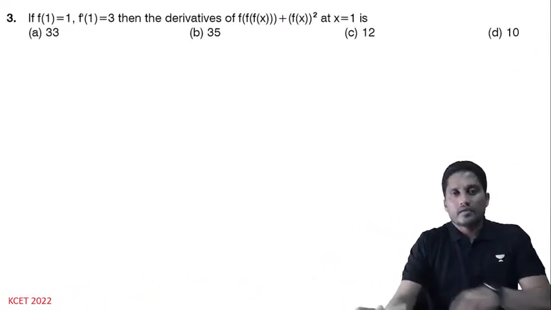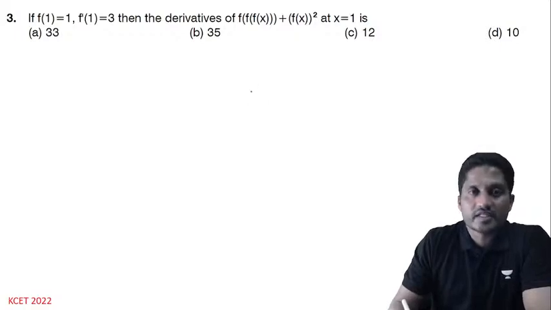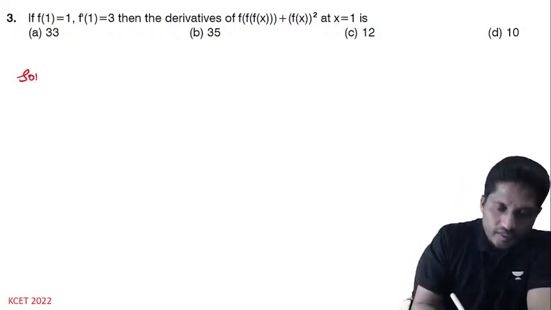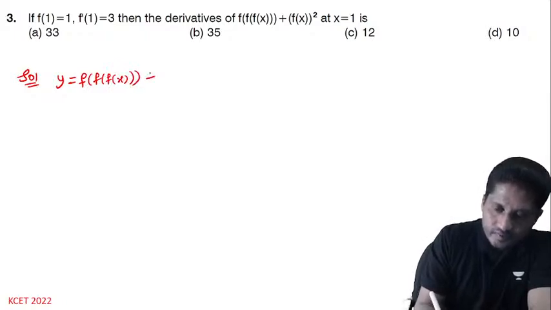What is the derivative of this at x is equal to 1? Now I'm going to take y is equal to f of x plus this is f of x the whole square. Alright, now if I differentiate, dy by dx is equal to, let us use the chain rule.